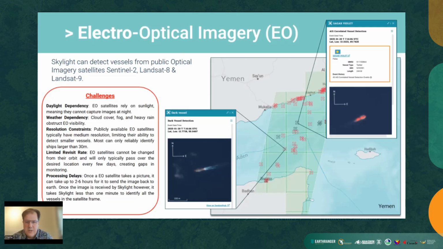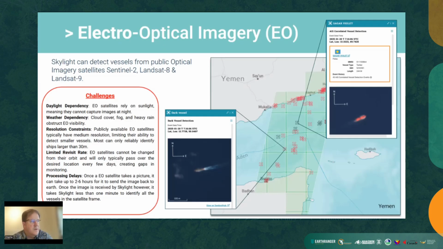Both of those systems share their data freely with the whole world, and anybody can look at it on different software with their eyes, but detecting the vessels in there is the special capability of Skylight, and it does it within seconds of the data being received, detecting all the possible vessels.